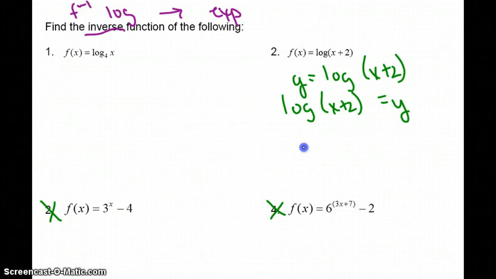So our base is 10 and log is exponent. So our exponent, okay, back up. I skipped a step.